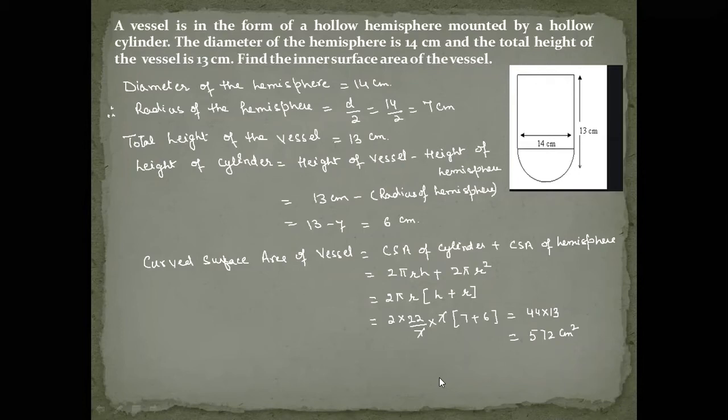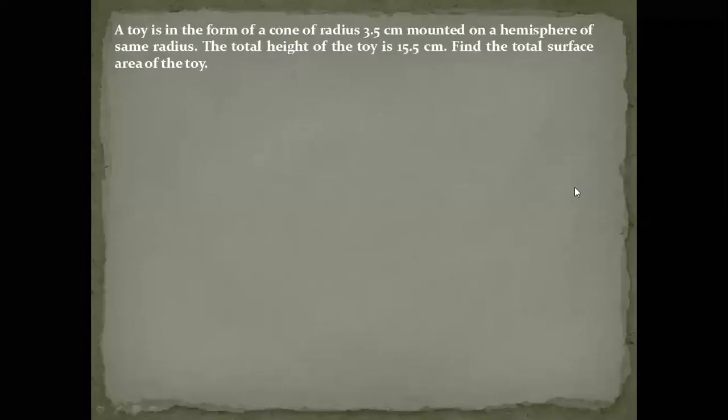The third one is, the question is, a toy is in the form of a cone with a radius 3.5 centimeter mounted on a hemisphere of a same radius. The total height of the toy is 15.5 centimeter. Find the total surface area of the toy.